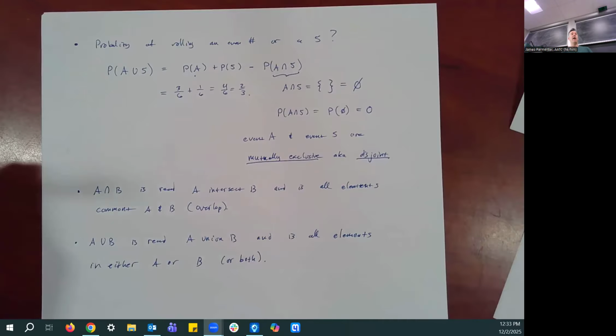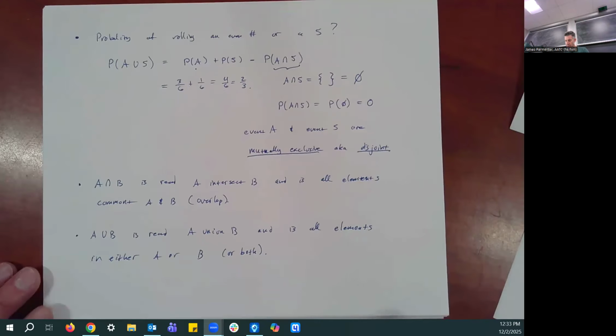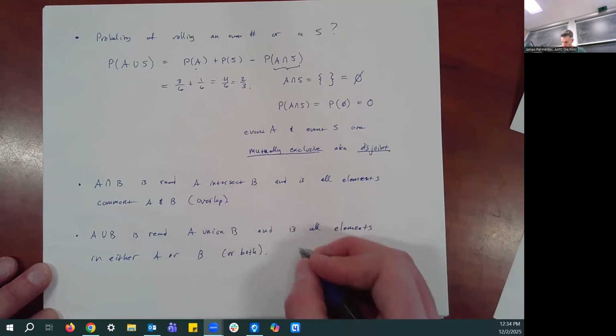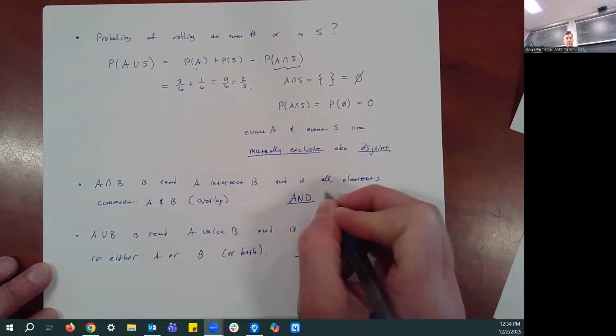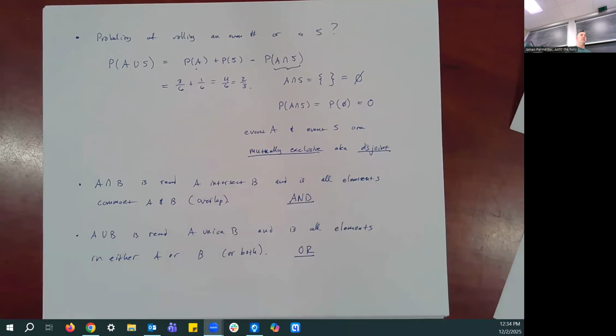Because if you're in A or you're in B, then we're also looking at the place that's in the middle. But it's still good to say they are both. And so here I think of the word or. Here I think of the word and. So A or B is the union, A and B is the intersection.